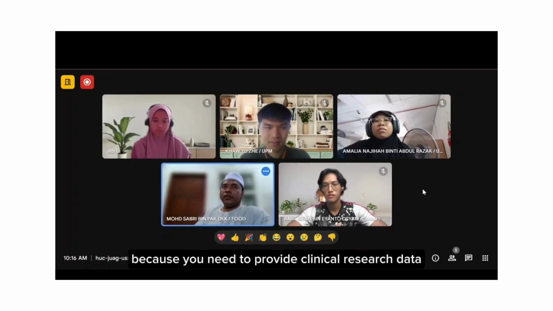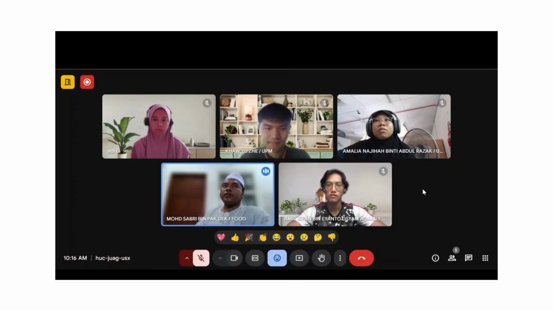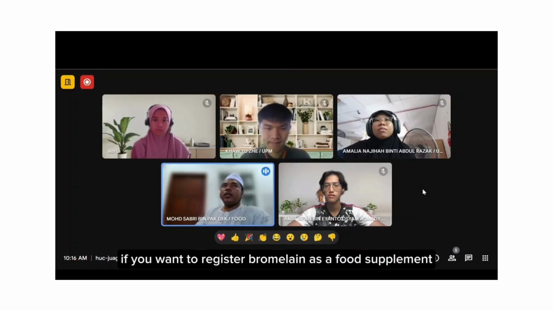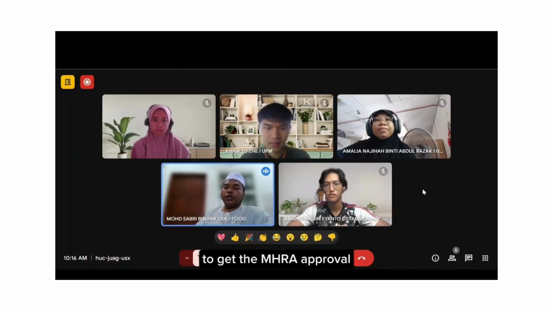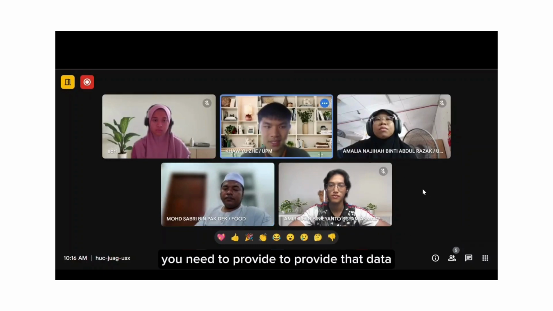Because you need to provide clinical research data. So maybe the cost will be close to 1 million only to get that one. So that will be the challenge. If you want to register bromelain as a food supplement to get the NPRA approval, you have to have that data. You need to provide that data.